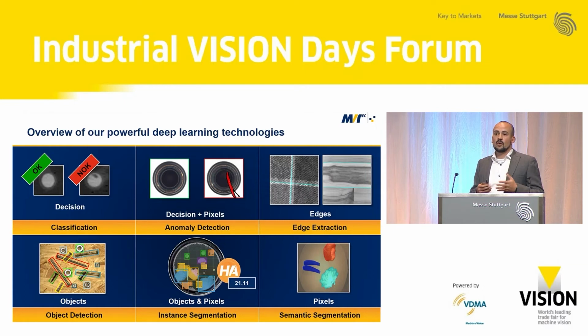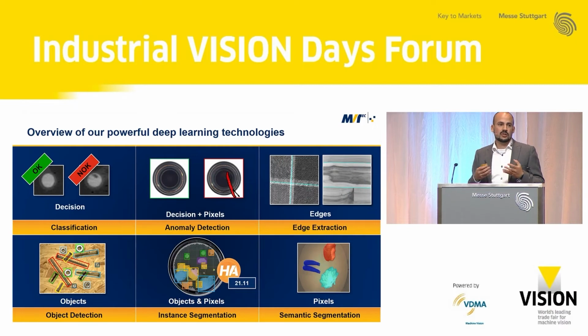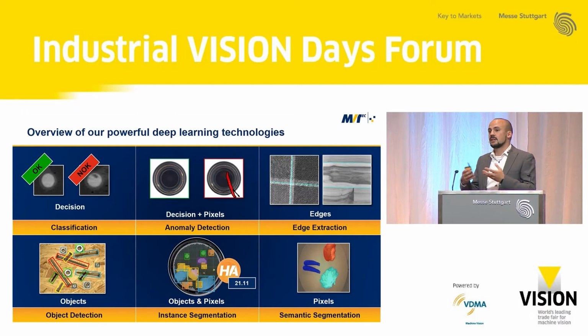We have anomaly detection, which works on only good images and can give you a decision of good or bad, and even give you results for interesting areas and anomaly areas.